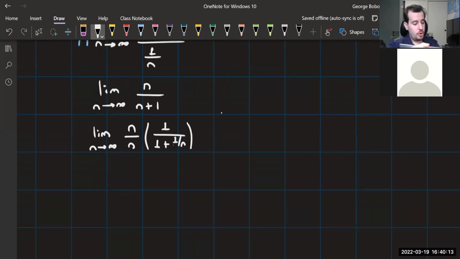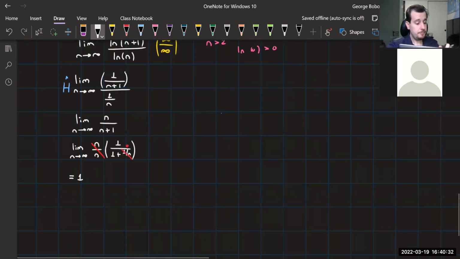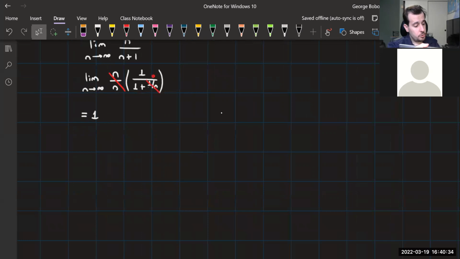Good. So notice again that these go away. And if you plug infinity into the remaining part, what does this become? 0. So what does your limit give you? 1. There you go. So our radius of convergence is 1.